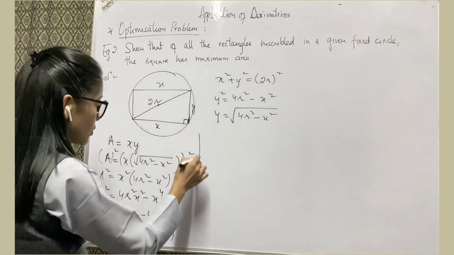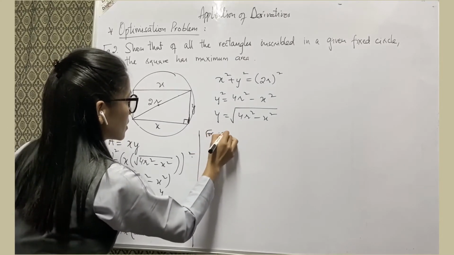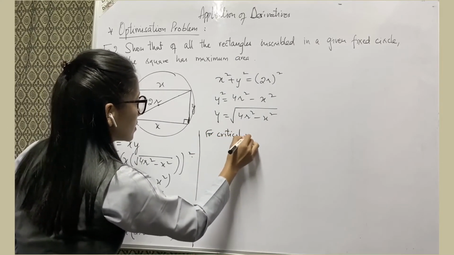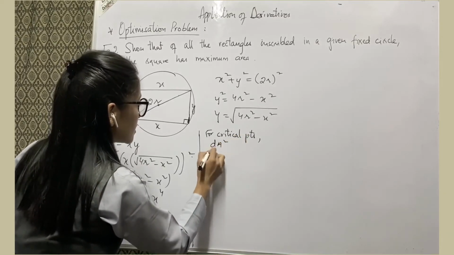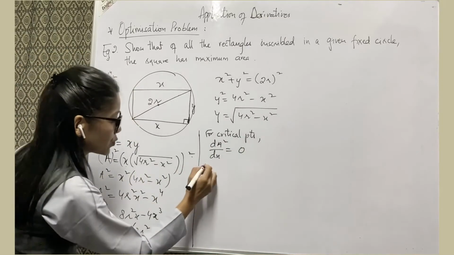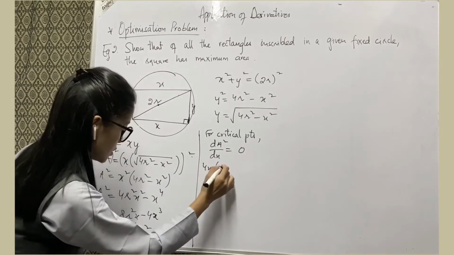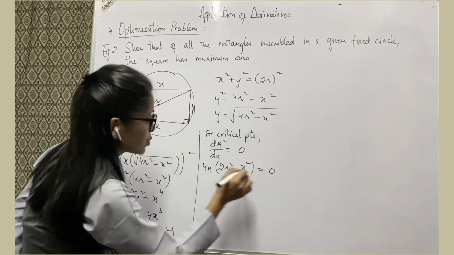Then you will find the critical points. For critical points you will write this equal to 0, which means 4x into (2r squared minus x squared) is equal to 0.